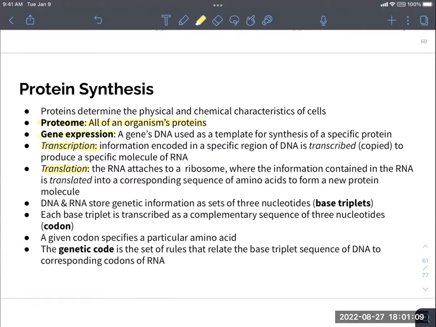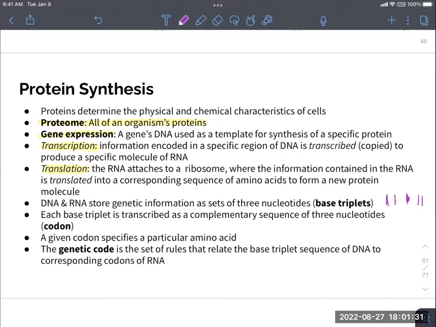RNA and DNA both store our genetic information, and they store it in sets of 3 nucleotides together. So we have nucleotide 1, 2, 3. These are known as base triplets because they are transcribed together.